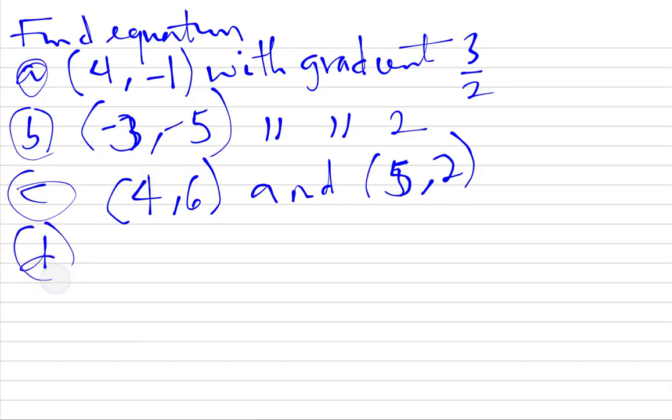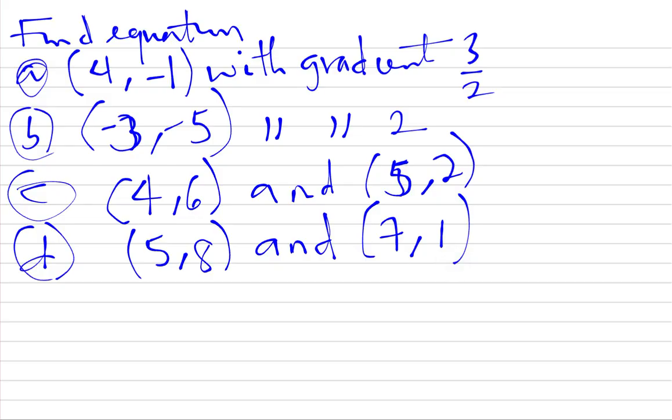And then the last one, D: do for 5 comma 8 and 7 comma 1. The first one you were given the gradient, the second one you were given the gradient, so you use that first formula. But in this particular C and D, you were not given the gradients, so you have to be the one to determine the gradient first and then put it into your formula, and you will get the answer. Do you understand that now?